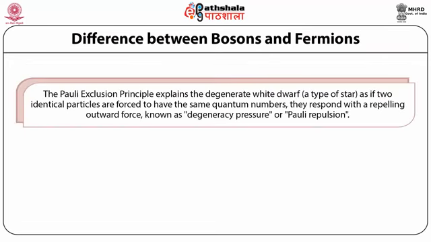The Pauli exclusion principle explains the degenerate white dwarf, which is a type of star, as if two identical particles are forced to have the same quantum numbers, they respond with a repelling outward force known as degeneracy pressure or Pauli repulsion.